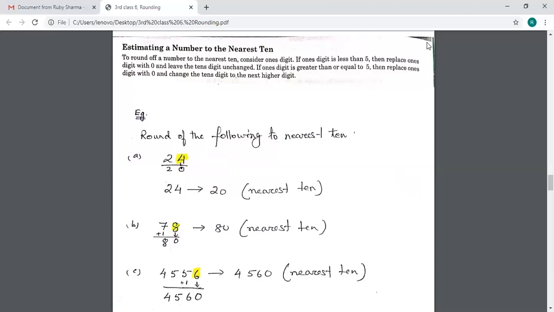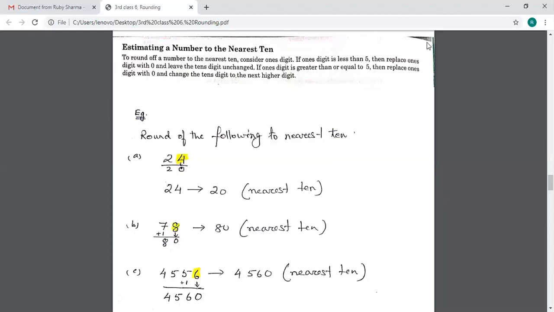If the ones digit is 1, 2, 3, or 4, then we write 0 in the ones place and the tens place digit remains unchanged.